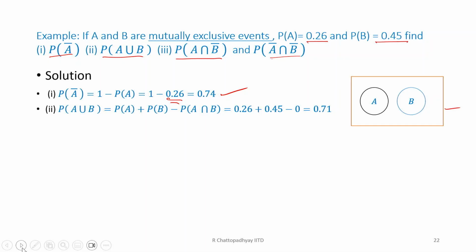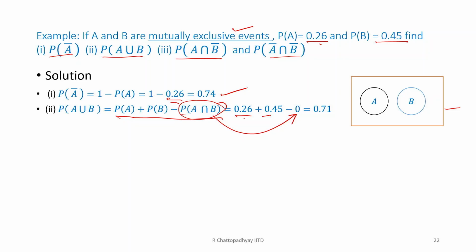P(A union B) will be how much? This is the formula: P(A) plus P(B) minus P(A intersection B). In the present case, P(A), P(B) values are given. P(A intersection B), this value is going to be 0, because they are mutually exclusive.